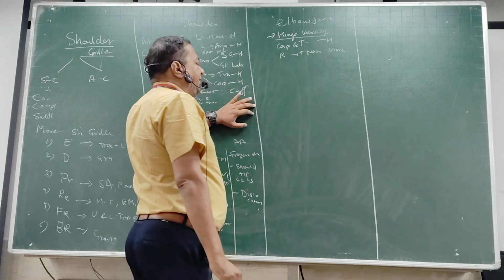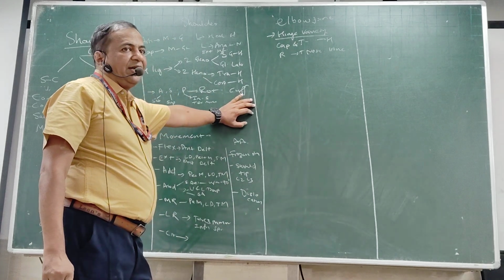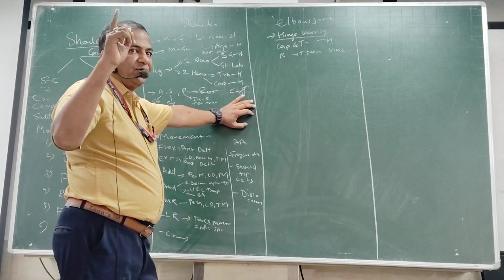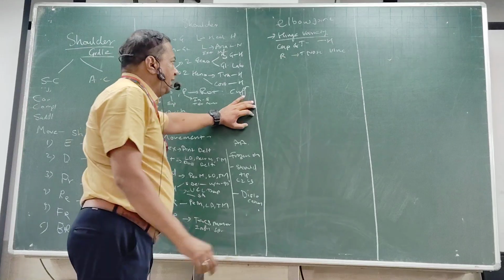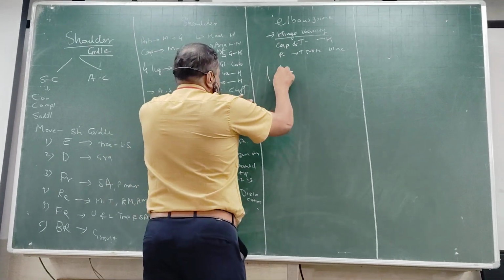The capsule is weak anteriorly and posteriorly, and on the lateral side there are two strong collateral ligaments. And the diagram of those two ligaments is very important.